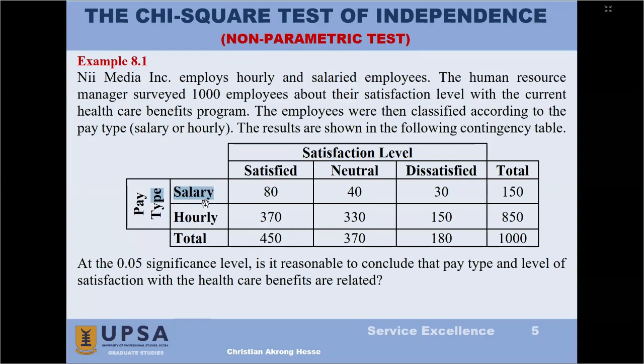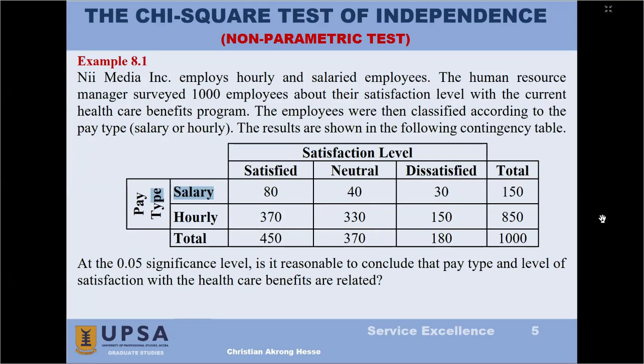These are just the totals. I can decide to omit them in the question. They are the total for columns and total for rows, and this is a grand total. So there are only two rows: two levels for pay type and three levels for satisfaction.